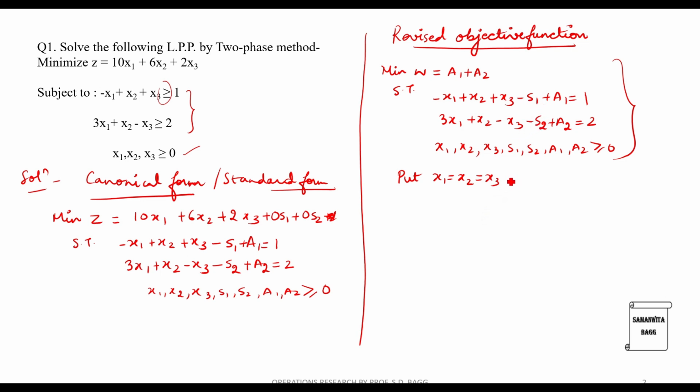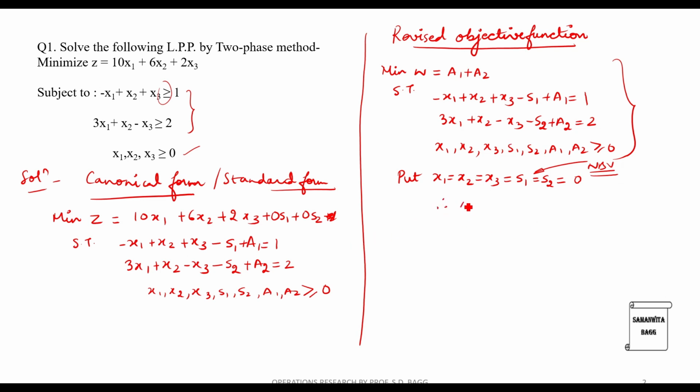In the first equation I can also assume s1 is 0, because we still have a1 = 1, and in the second equation I'll assume s2 is 0. When I say that these variables have value 0, they become non-basic variables, which means they do not enter the solution initially.